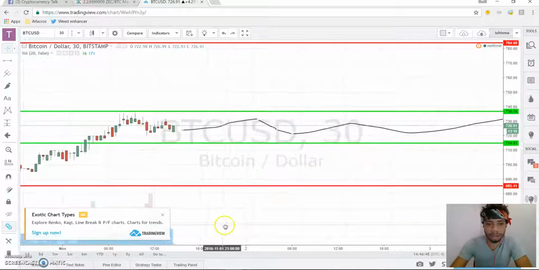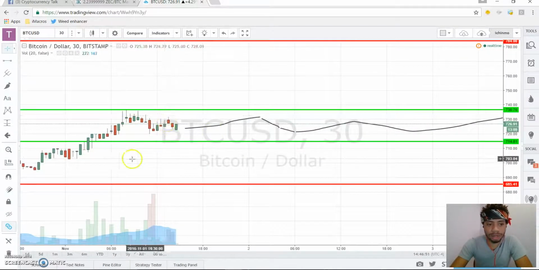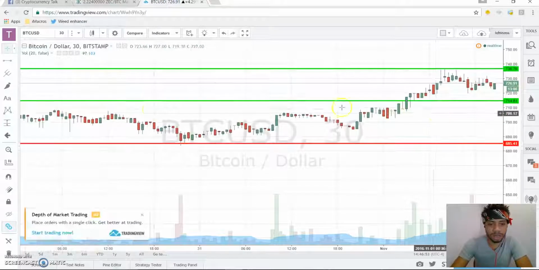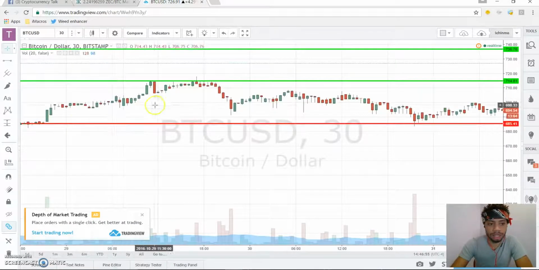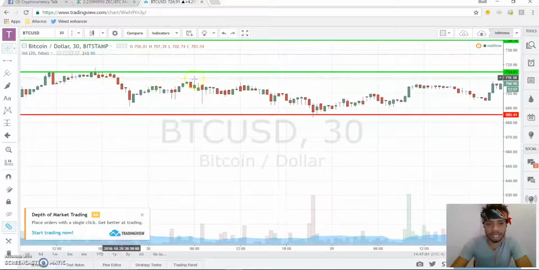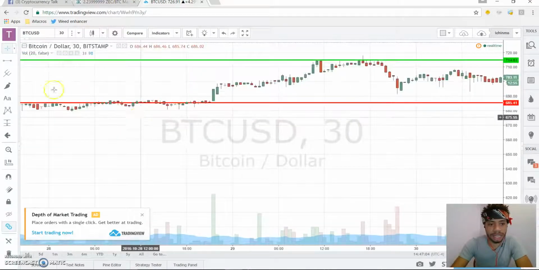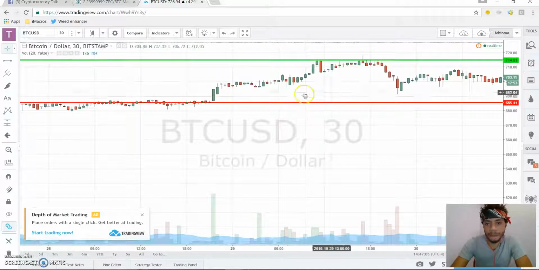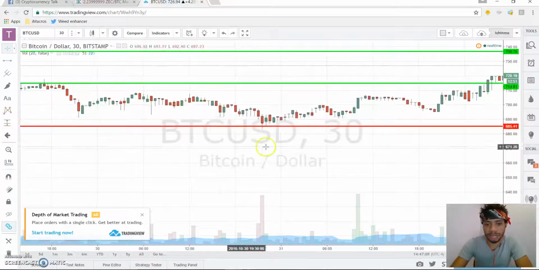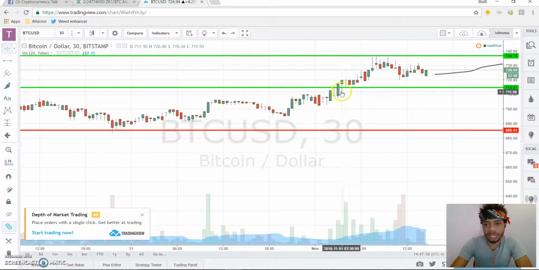So we're going to see it moving in this channel, and that's what I was telling you guys right here. It went up here, bounced off of this resistance, came down, and it stayed. See how it stayed inside of here. It stays inside, and then once it breaks through, it goes up and it finds another line.